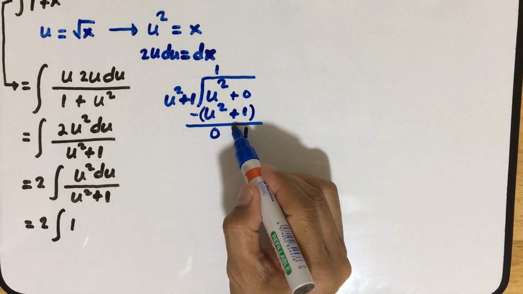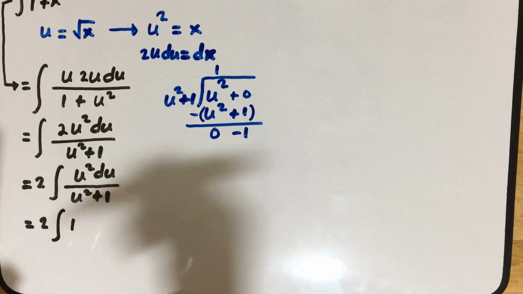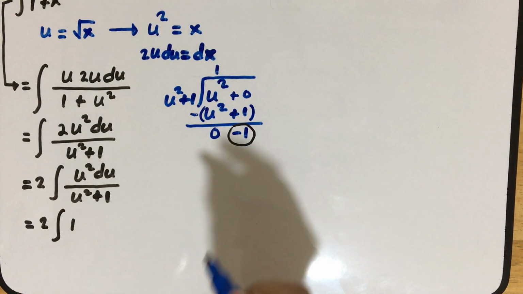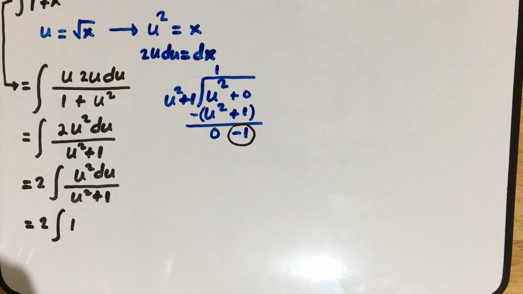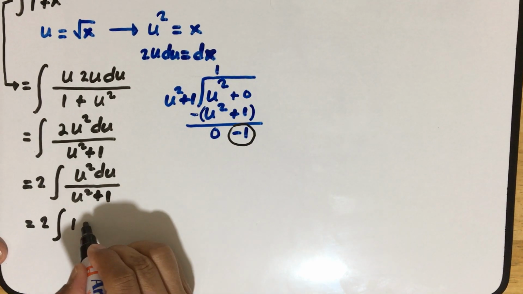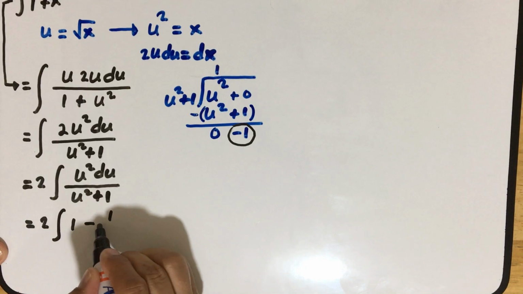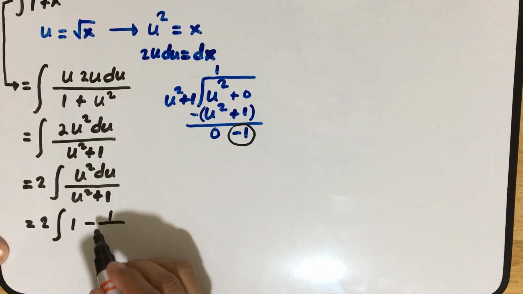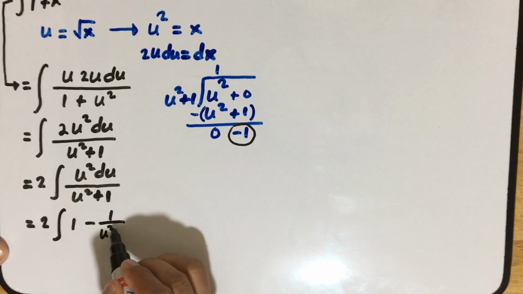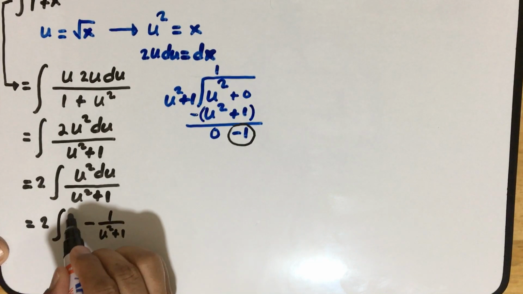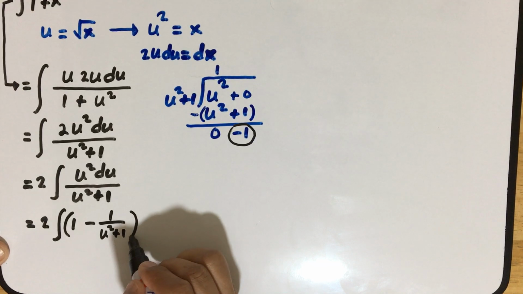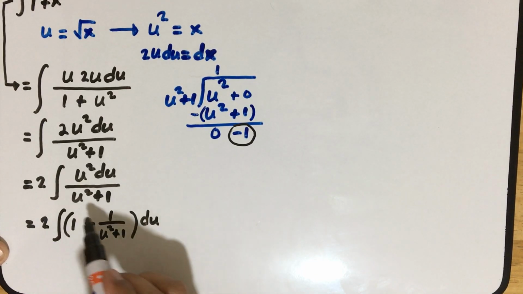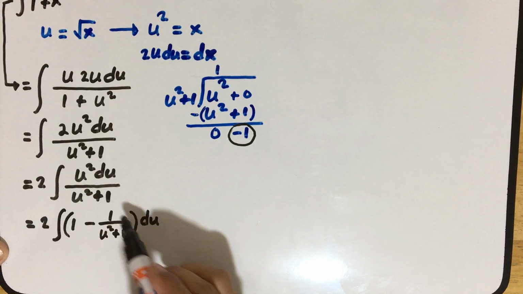The remainder, negative 1, we have to divide by the divisor, which is u squared plus 1. Then everything is multiplied by du. So this is now our new integrand.